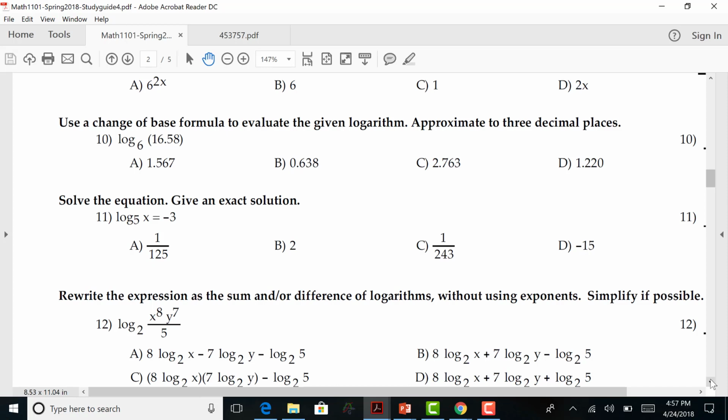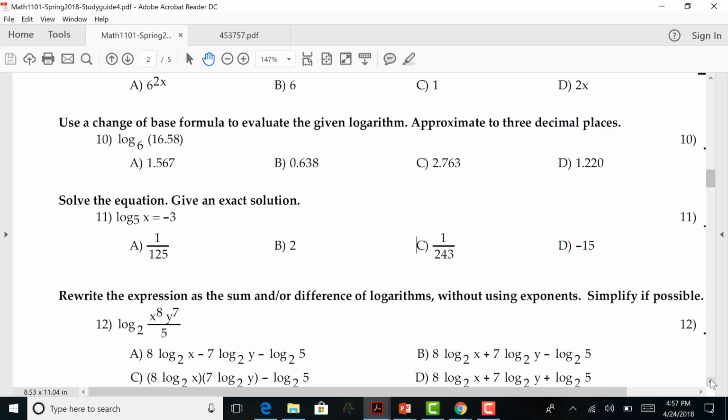Multiplication turns to addition. Division turns to subtraction. Exponents get pulled out front. So I'm going to put a times sign here so you know that's multiplication. All righty? So multiplication turns to addition, so we're going to write log base 2 of x to the 8 plus log base 2 of y to the 7th.